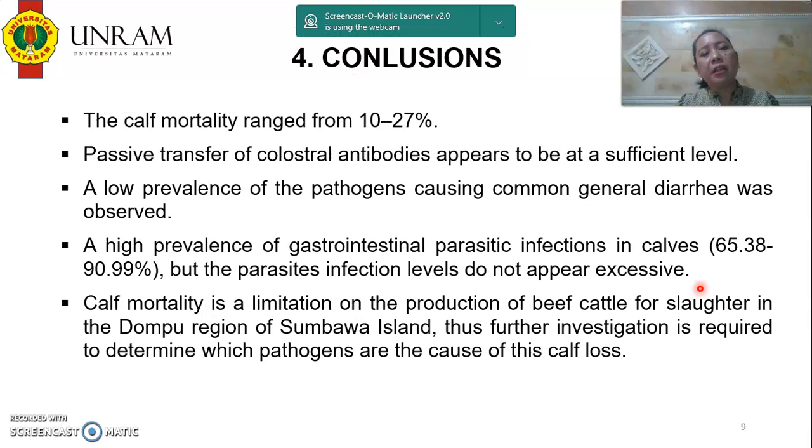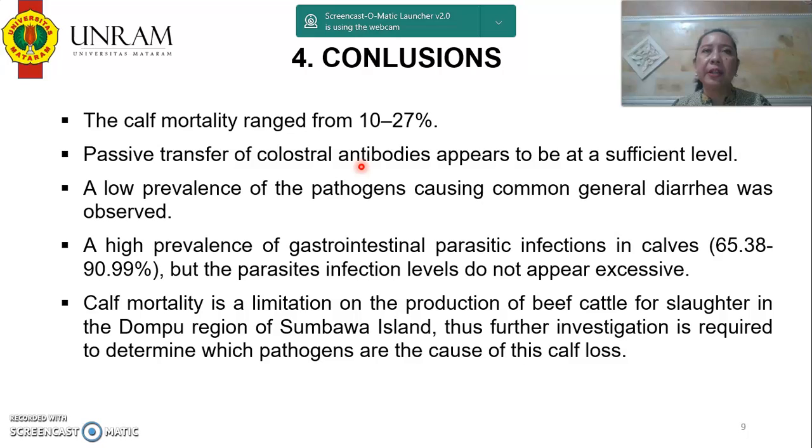So what we can conclude from this work, first of all, our study showed that calf mortality ranged from 10 to 27%, with most deaths occurring in 2 to 4 month old calves. Passive transfer of colostral antibodies appears to be at a sufficient level.